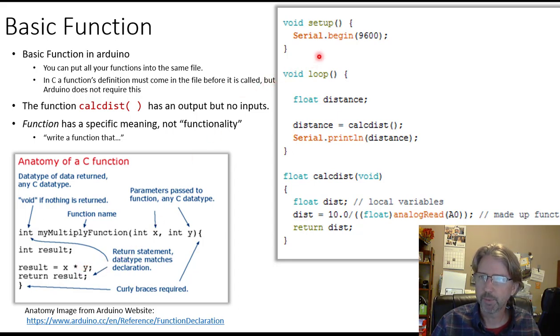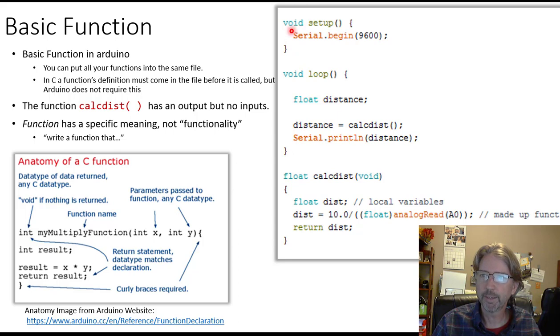A couple of other examples here. Of course, we have the setup and loop functions that are part of the standard Arduino program. They're both void functions, which means they don't have an output. The loop function, for example, never exits, and the setup function doesn't get called by anything in our program that we can see, so returning something wouldn't be very useful there.